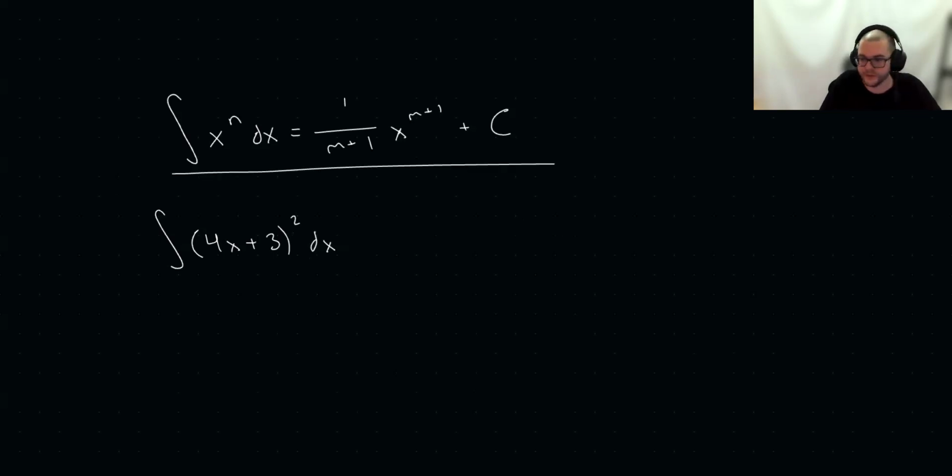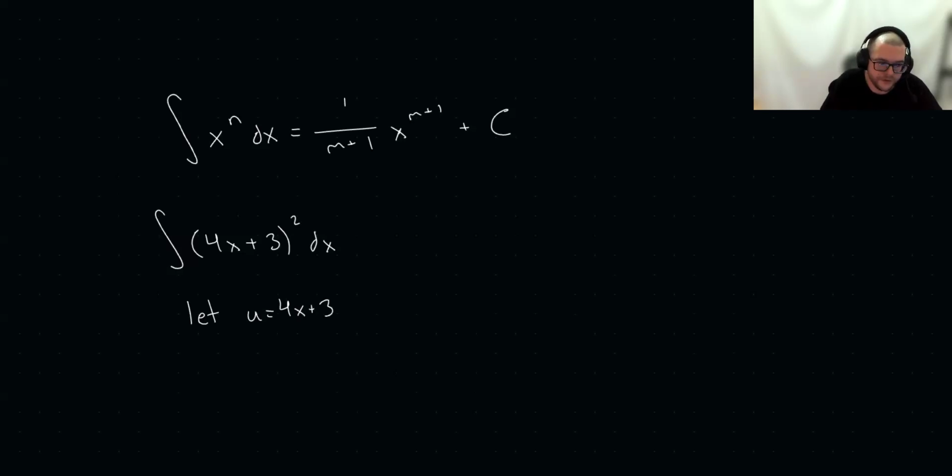For instance, in this case, let u be 4x plus 3. Then if you do a related rates type thing, differentiate with respect to x on both sides, you could argue that you get du dx equals 4, right?